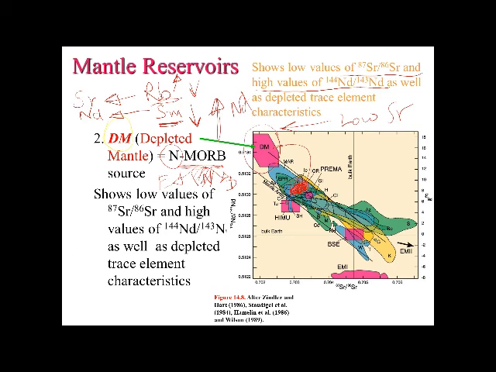So if you have a mantle, you start melting and you produce a melt, and you are left with the residue as well.